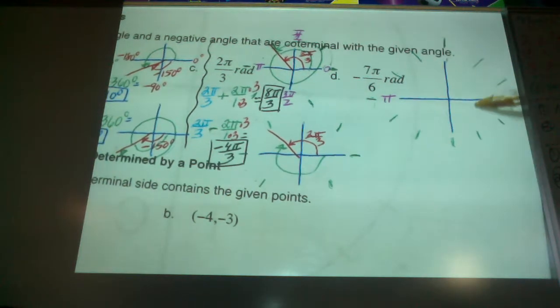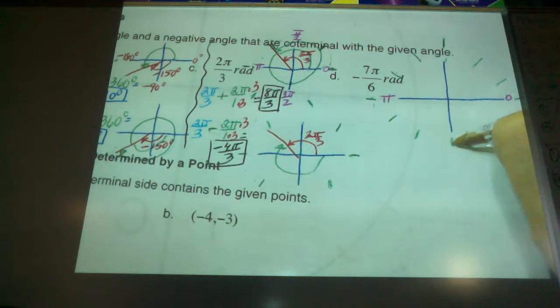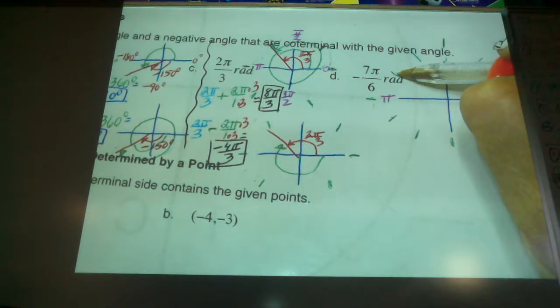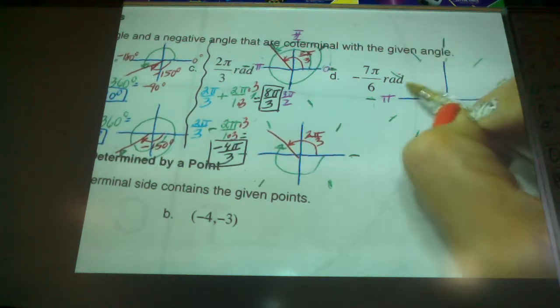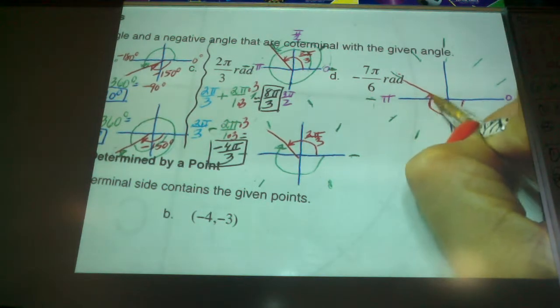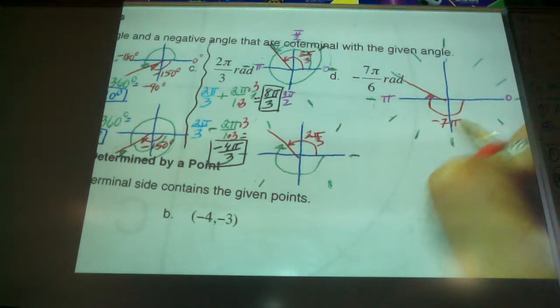So we're going to count negative 7 pi's because I have it partitioned to 6. So here's negative 1, 2, 3, 4, 5, 6. Isn't that negative 7 pi over 6? So I end up in quadrant 2 from here to here is my negative 7 pi over 6.